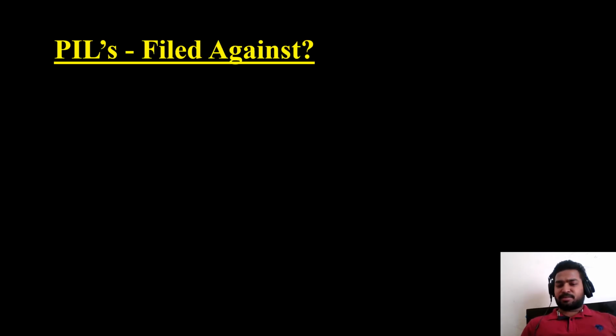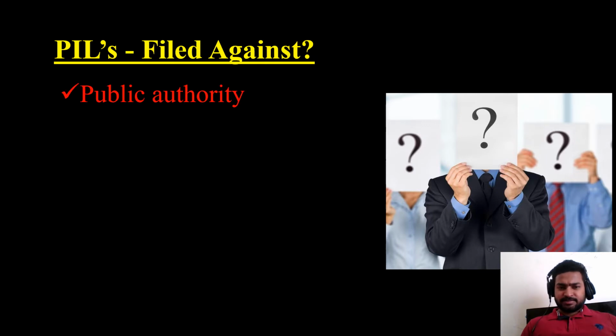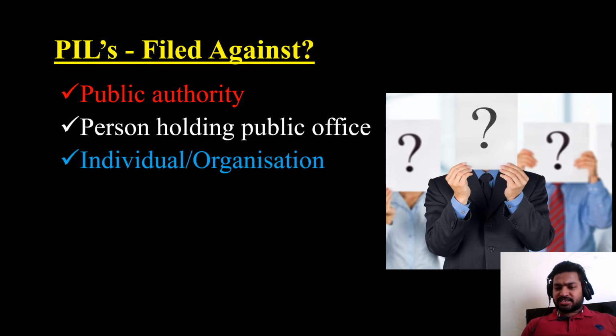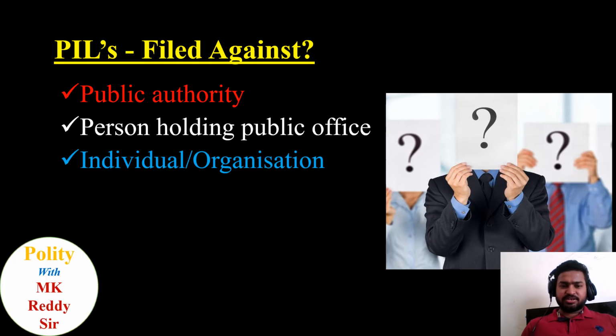Now we will try to understand against whom these PILs can be filed. The answer is any public authority, or those holding public offices, be it at the central or state government level, and, most importantly, against individuals or organizations which pose a threat to the public interest and to sections of society.